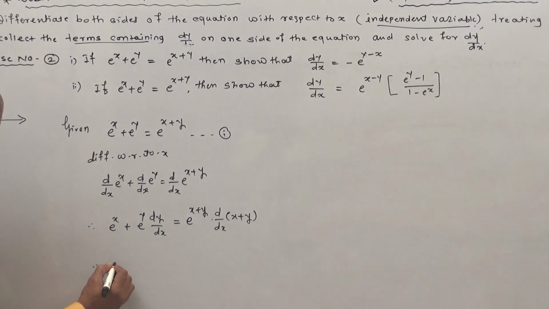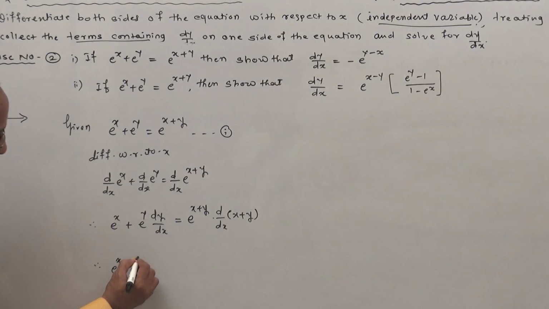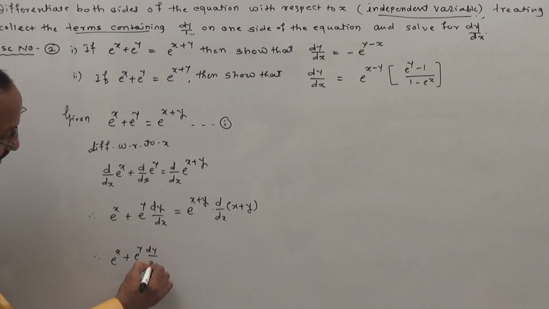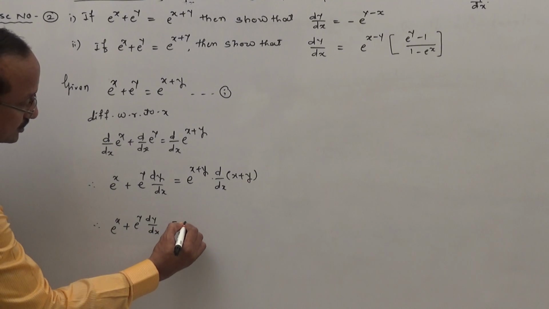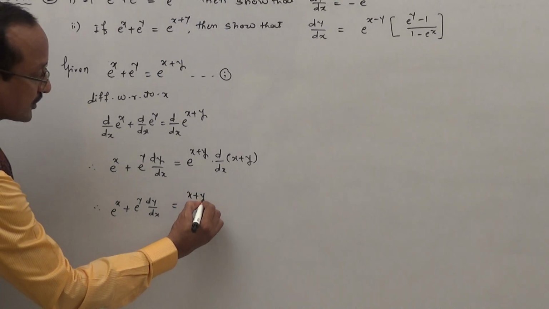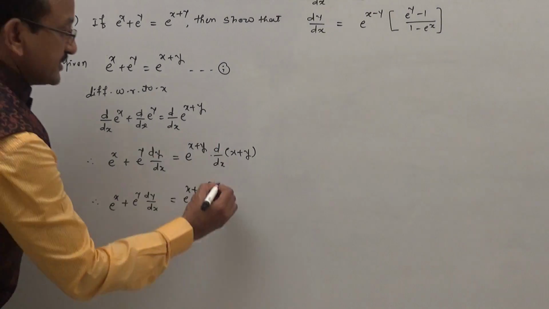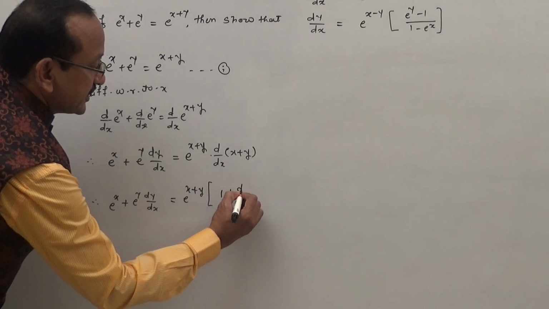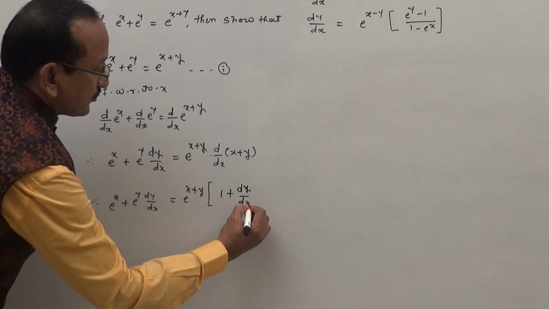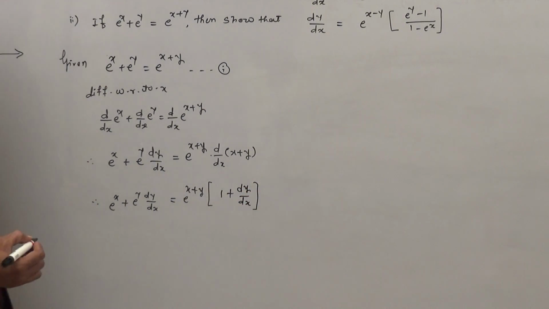So here e raised to x plus e raised to y dy by dx is equal to e raised to power x plus y into bracket, derivative of x is 1 plus the derivative of y is dy by dx.